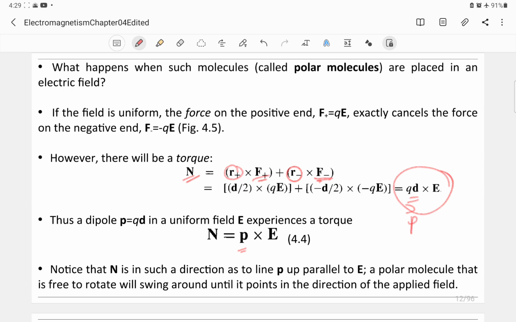So N is in a direction to line up parallel to E. A polar molecule that is free to rotate will swing around until it points in the direction of the applied field. So there will be rearrangements of the atoms.